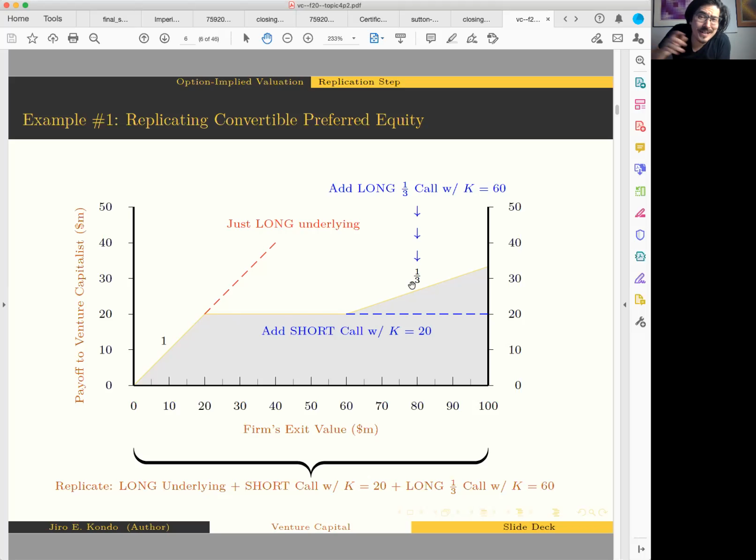There is a chance that it could raise another round of funding, or 2 other rounds, or 3 other rounds, or go all Uber and raise 17 other rounds. Every time there's a new round of funding, the payoff diagram changes. We talked about that last lecture, right? So when I price this payoff diagram, I am, in a very literal sense, assuming that there's going to be no future financing.